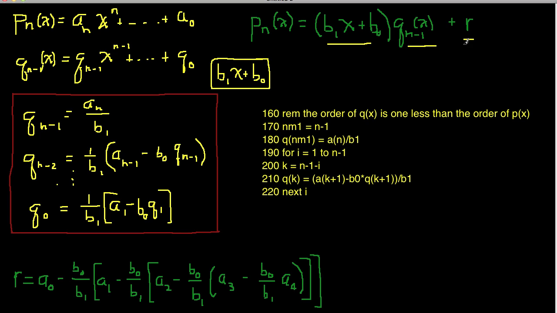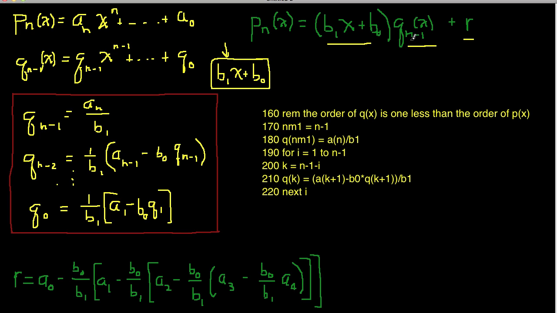In this case, the remainder is not a function of x, and the reason is that we're only dividing by a linear polynomial. If we were dividing by a quadratic or a cubic polynomial, for example, in general r would also be a function of x. But in this case, it's a constant.